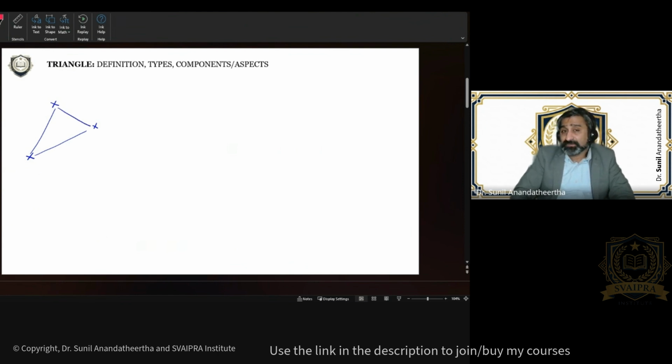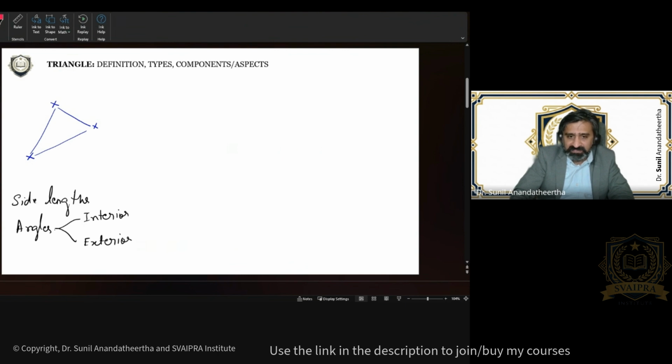Now, what are the aspects of a triangle that we have? Common aspects of a triangle are basically the side lengths. One is the side lengths, and the other one is the angles inside the triangle. Now, these angles are of two types. One is interior angles, and the other one is exterior angles.